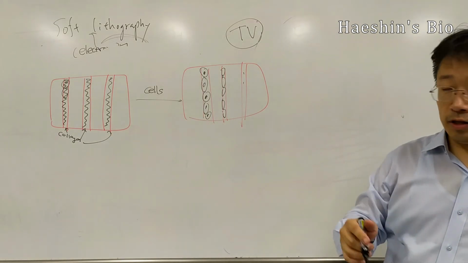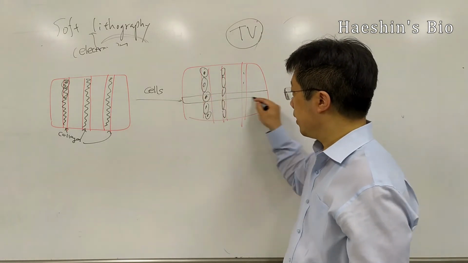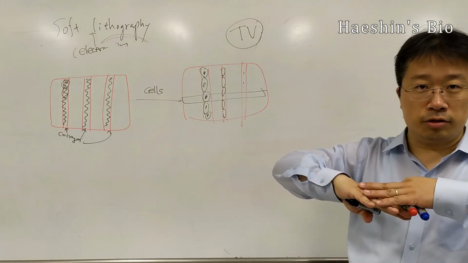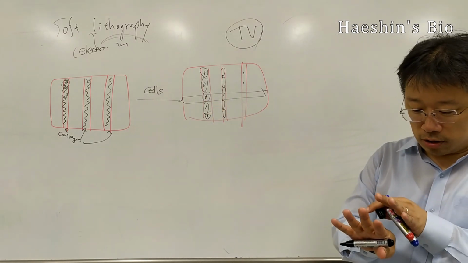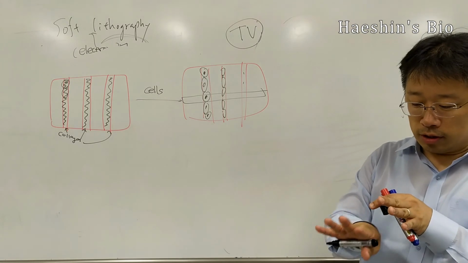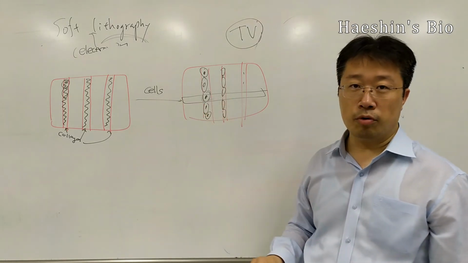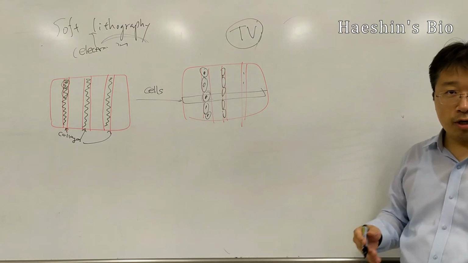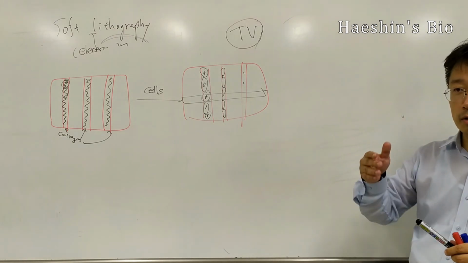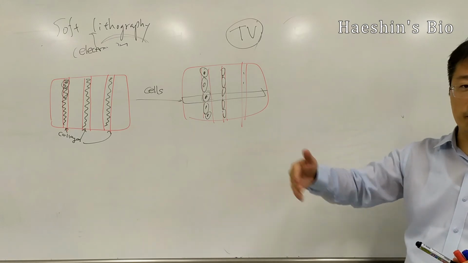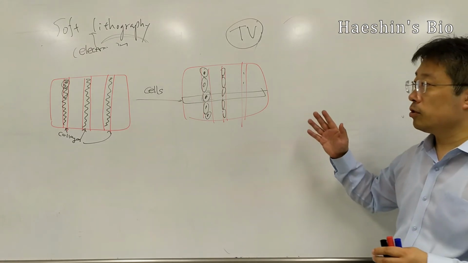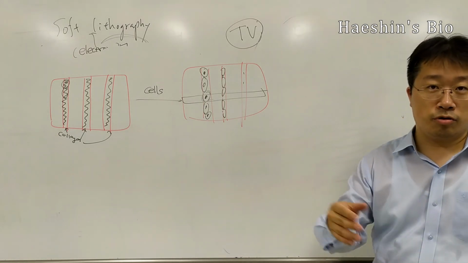Or you can do different patterns, cross 2 different cells, for example, and study the communication between one cell type and the second cell type at this junction point. You can do a lot of different things depending on how you design the experiment. If you know this technique, you can design experiments.